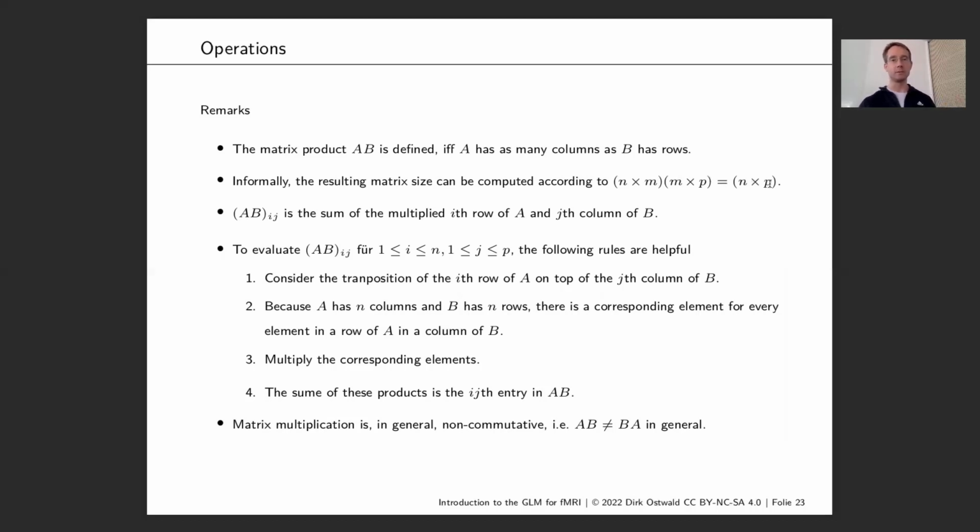That's always the case. So, for example, if you have an N times 3 matrix, and here you have a 3 times 1 matrix, you get an N times 1 matrix out of that. Let's make it more concrete. You have a 4 times 2 matrix, you have a 2 times 1 matrix, you get a 4 times 1 matrix, so a vector out.